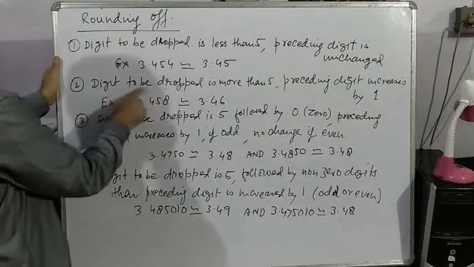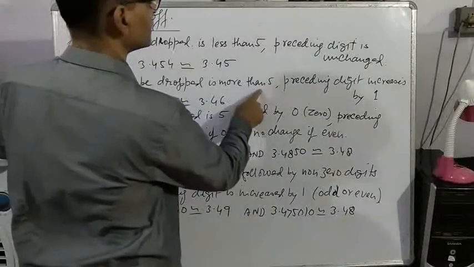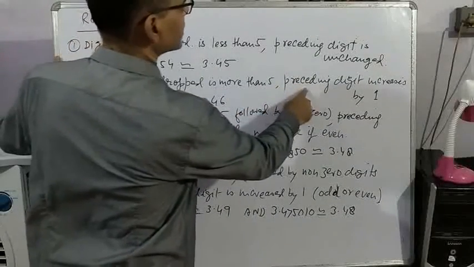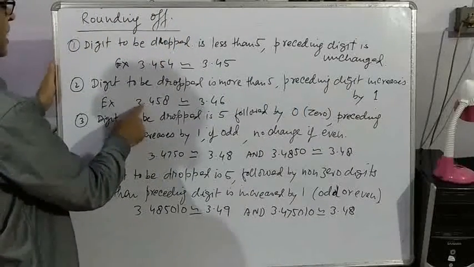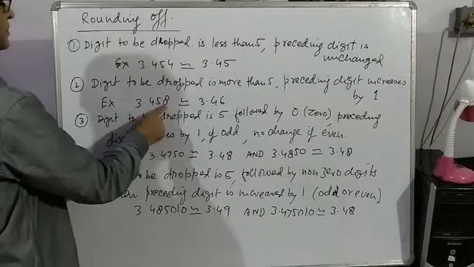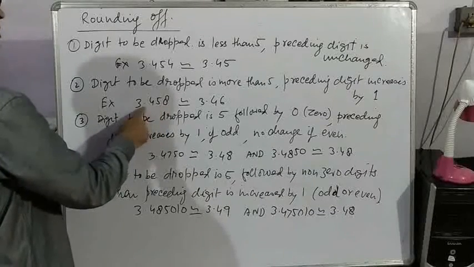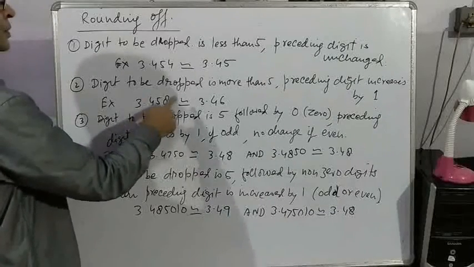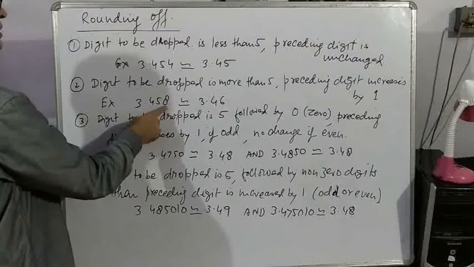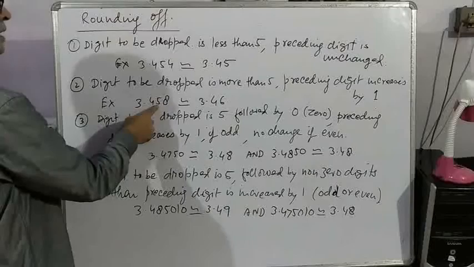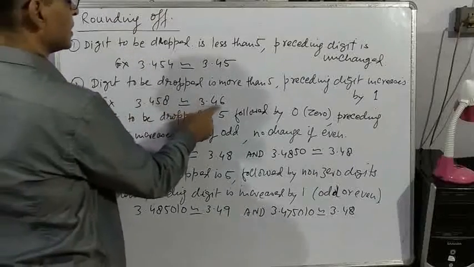Second, digit to be dropped is more than 5, then preceding digit increases by 1. See the example, 3.458, you want to round off up to 2 decimal places. This value is more than 5, so 5 increases by 1, so value 3.46.